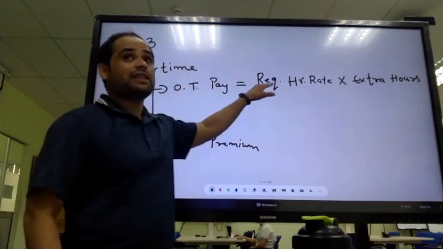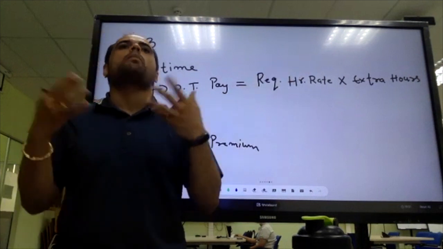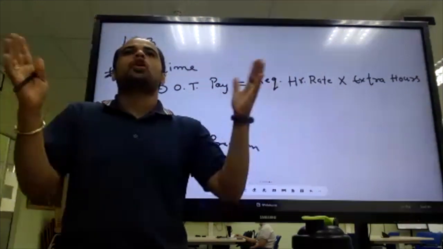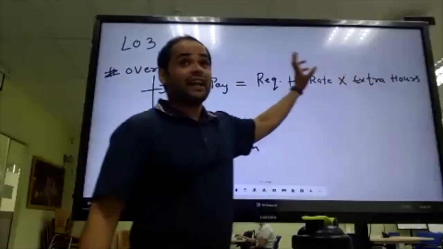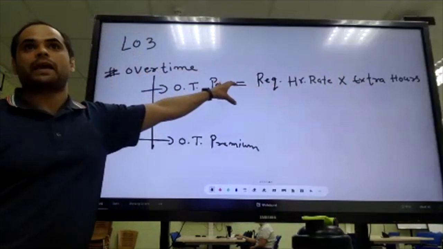Required hour rate means the normal rate that the company normally pays you. For example, normally the company pays you $10 per hour. All right. If you work extra, $10 multiplied by extra hours, this is called overtime pay.